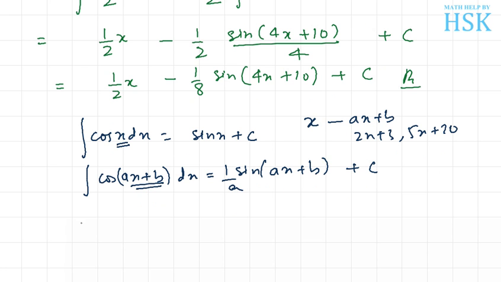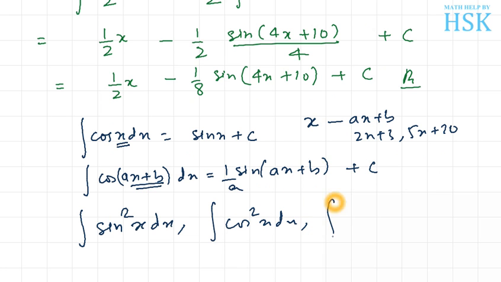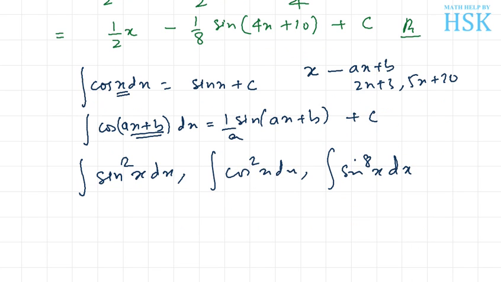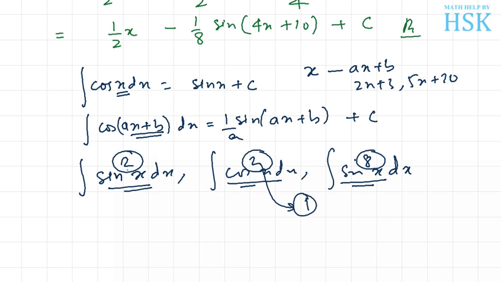The idea or the logic to integrate functions like sine square x, cos square x, sine raised to the power of 8x: if we have to integrate such functions, then we apply a trigonometrical identity in such a way that the power to which the function is raised becomes equal to 1.